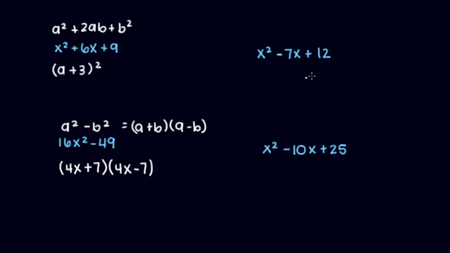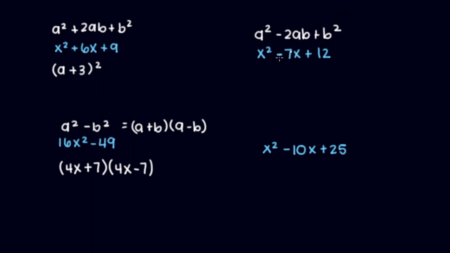Now in this next problem, we'll be following another pattern of the perfect square trinomial. And because there's a minus, we can look at a squared minus 2ab plus b squared.